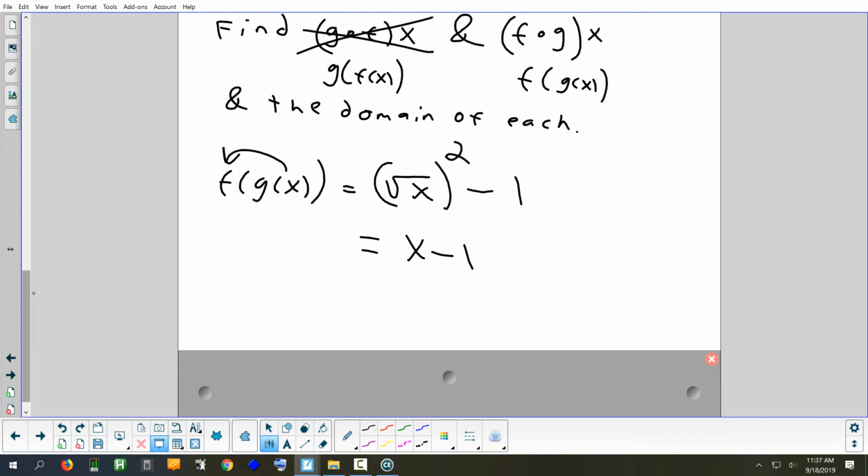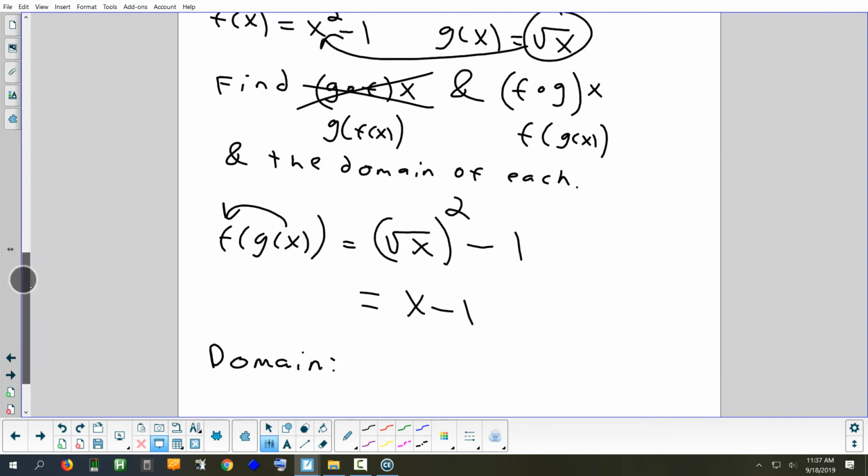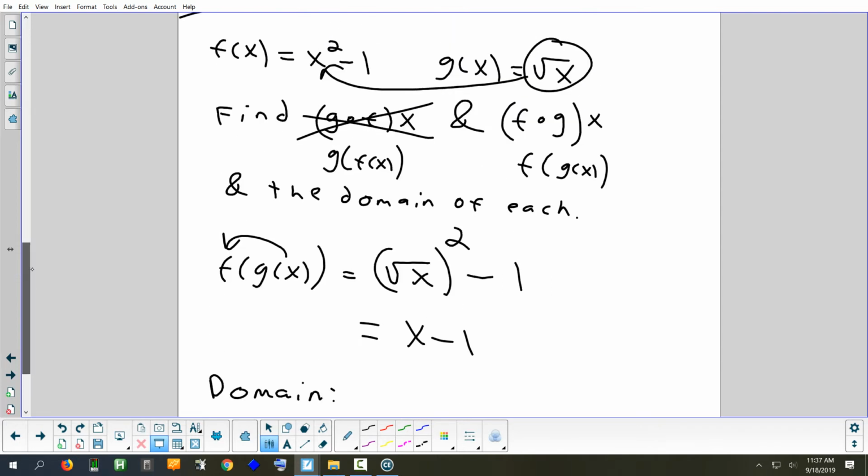Now, the domain. Start with the inside function. What was my inside function in this one, Zach? g of x. Go back up to g of x and ask yourself, are there any restrictions on the original function g of x?